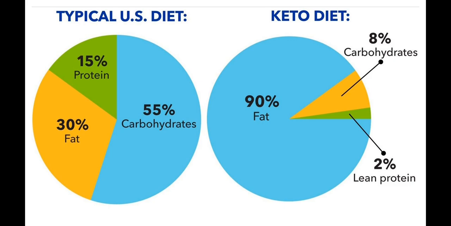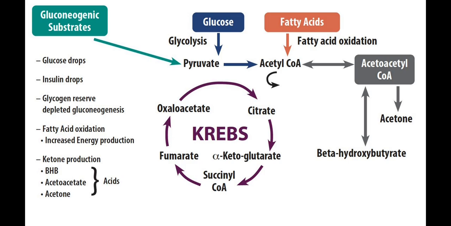In the keto diet, 90% of energy is produced from fat. Carbohydrates are less than 10% or even less than 8% here. And low protein is an option of the ketogenic diet, which is useful to lose fat in people. So this is how it works.